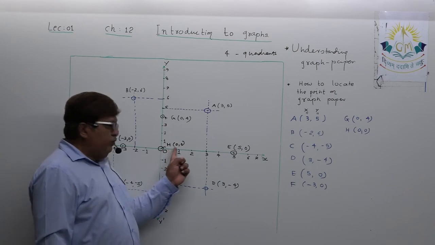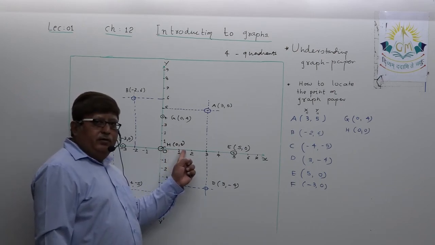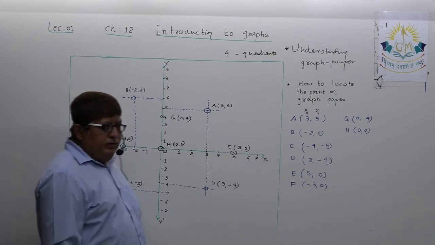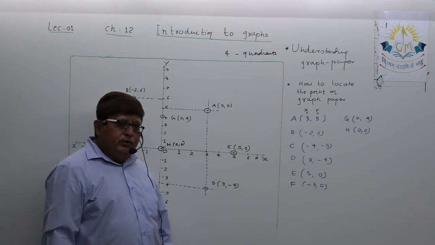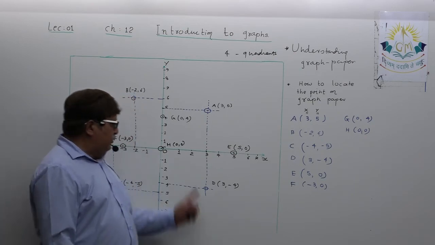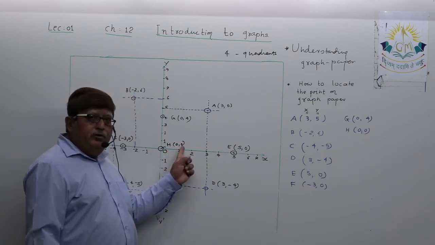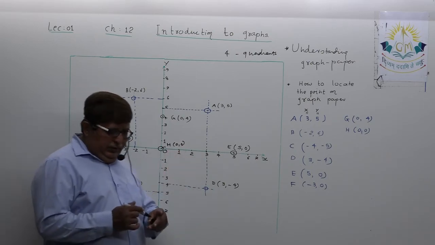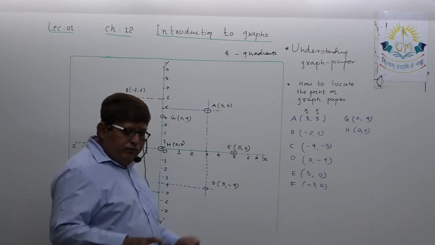Origin has x coordinate 0, y coordinate also 0. Sometimes you may be asked in MCQs which are the coordinates of the origin: (0, 0). X coordinate is also 0 and y coordinate is also 0.